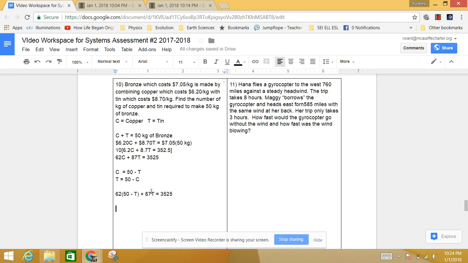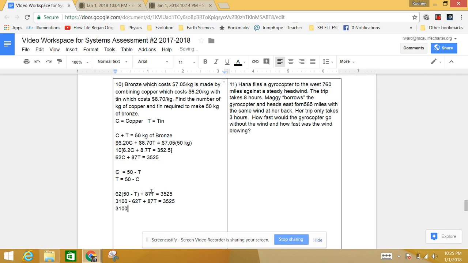Okay, now we got to simplify it, which is of course easier said than done. But 62 times 50 is going to be 3,100. And that's going to be minus 62t, and that's going to be plus 87t, and that's still equaling 3,525.